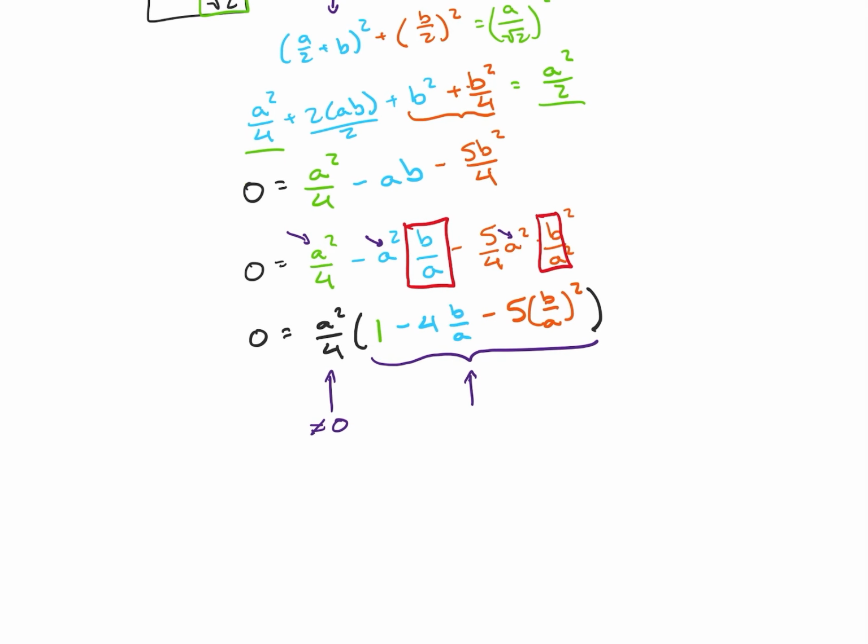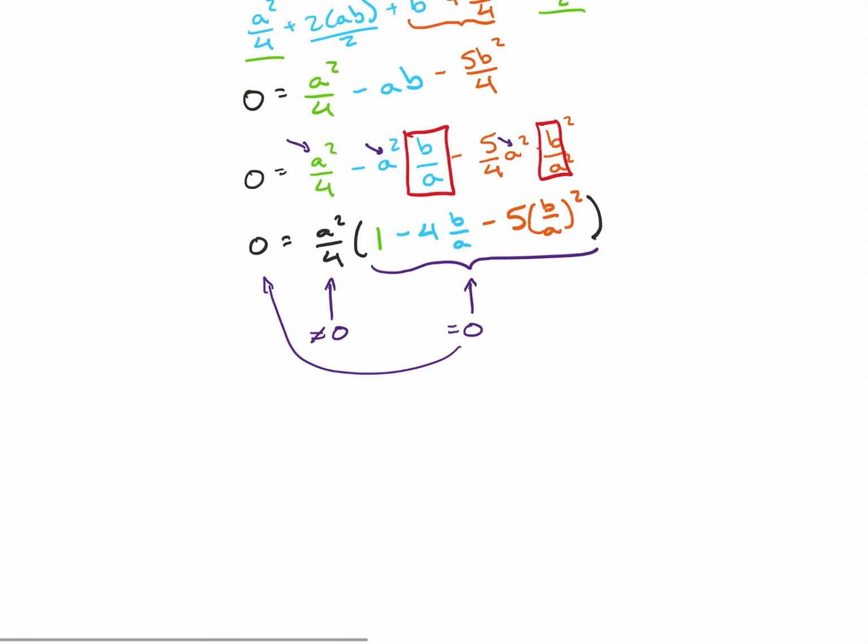So this whole thing on the right must equal 0 in order for my whole equation to equal 0. I'm going to do a little substitution and make y equal to b over a. Then I can rewrite that portion of the equation as 1 minus 4y minus 5y squared equals 0.